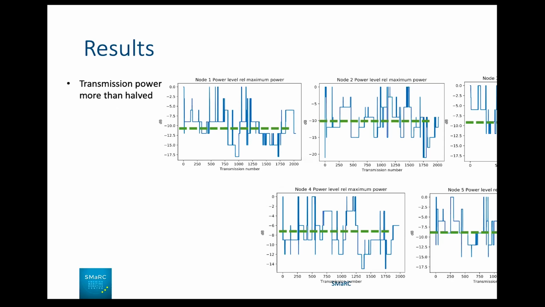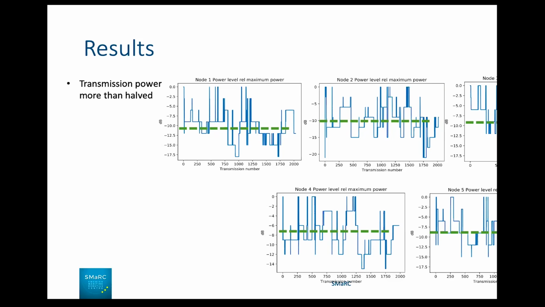And when we are looking at the energy consumption, each of these graphs shows the selected power level. On the x-axis is the number of transmissions made, packets transmitted by a modem. So to the upper left, we have node number 1, 2, 3, 4, 5, and what power level was selected for each packet.